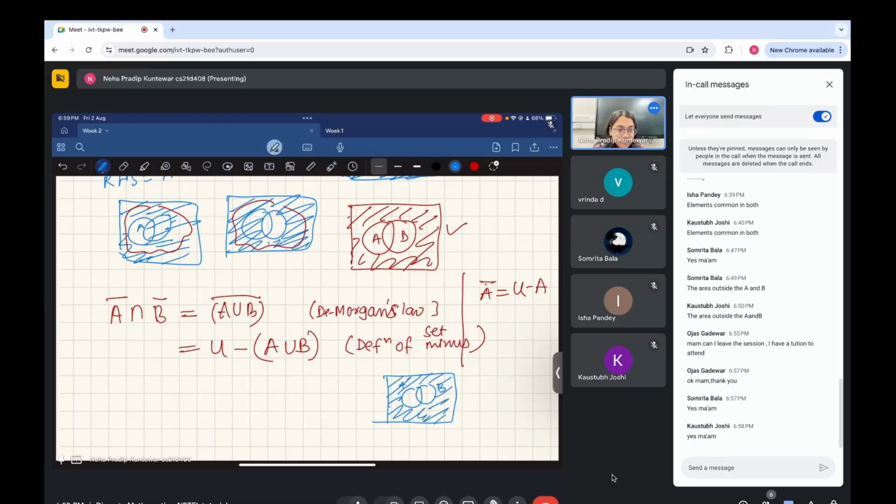So this is what A union B would look like.